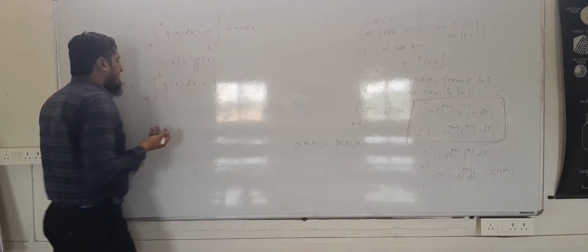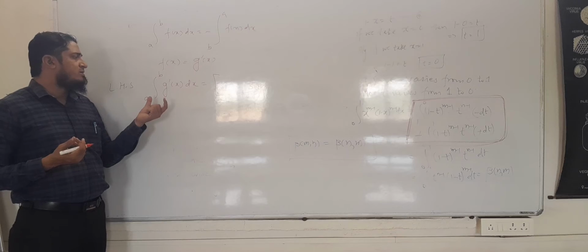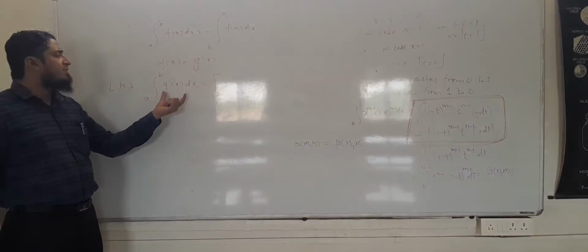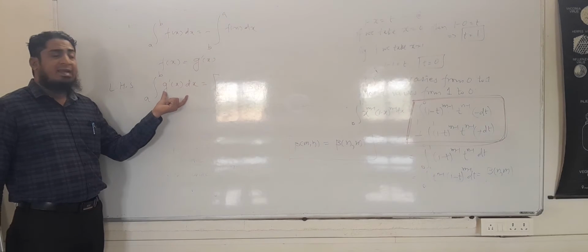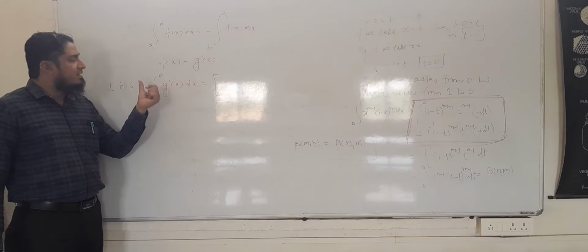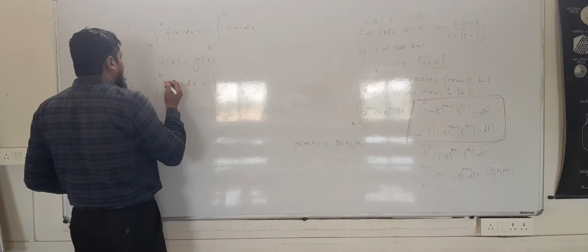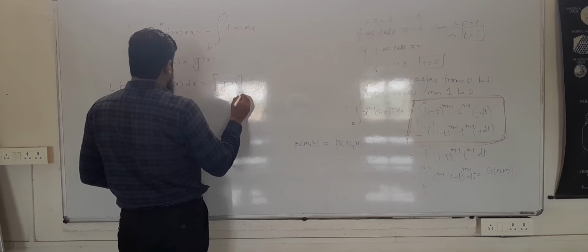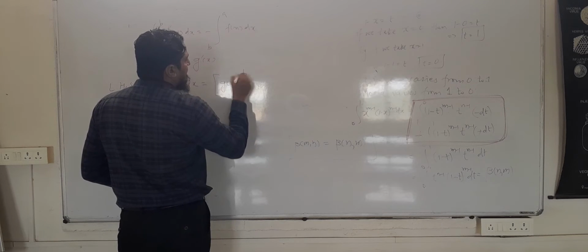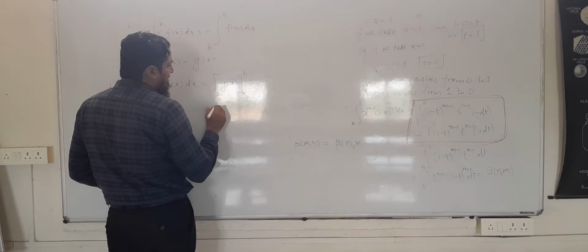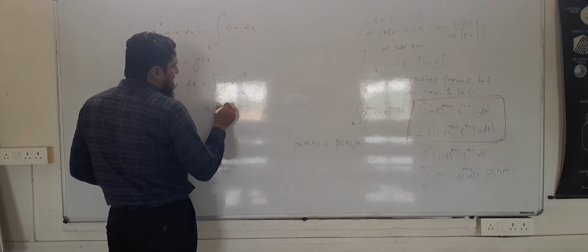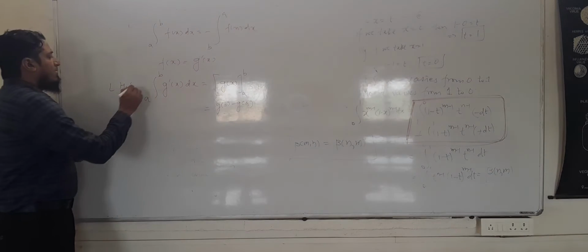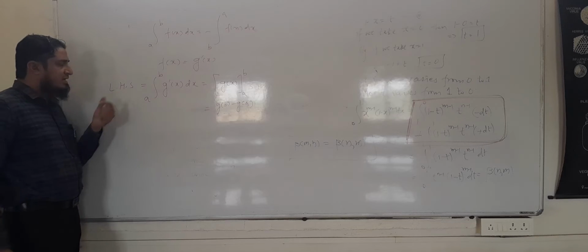After integration, since derivative and integration are inverse to each other, or derivative has another name and integration has another name, antiderivative, integration and derivative get cancelled. We get g of x with limits from a to b. Then we put the upper limit, g of b minus g of a. We have calculated the left hand side.